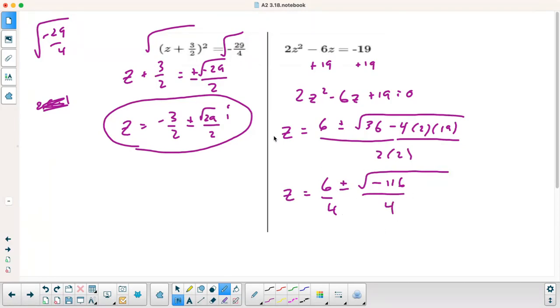All right, so they don't look like they match up, but let's see what we can do here. 116, is that divisible by anything?